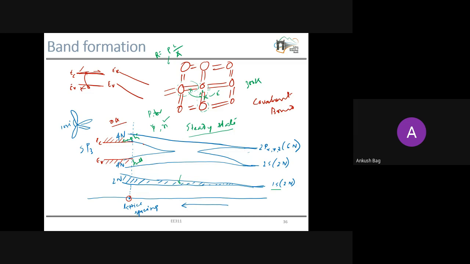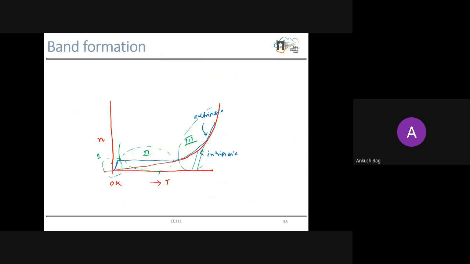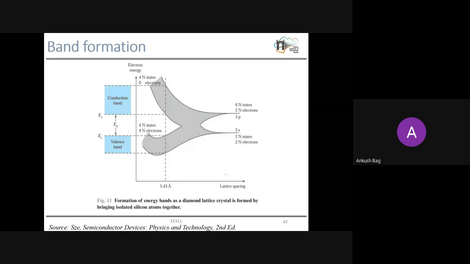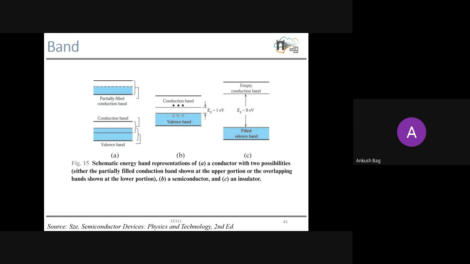So in all this discussion we'll only discuss the conduction band and valence band forming in the outermost orbital. To take out these electrons requires huge energy, like X-rays. There are applications for that, but that is different. So this is the case for silicon.